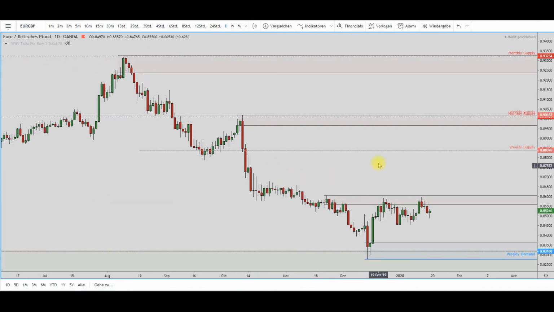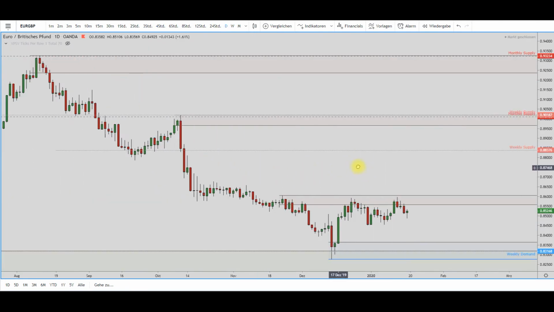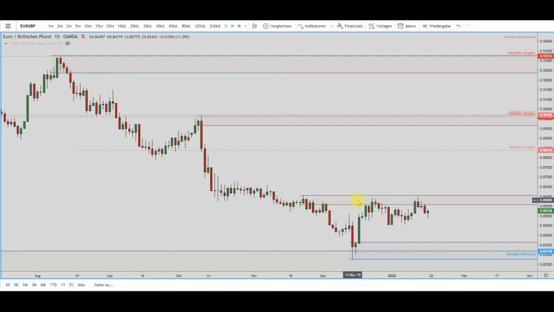Let's look at the daily chart as well here. There is a supply zone above here which was tested once. We did some sort of corrective move to the downside. We didn't go into demand and retested it.